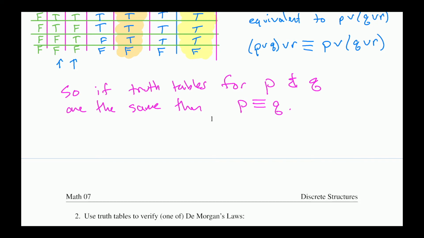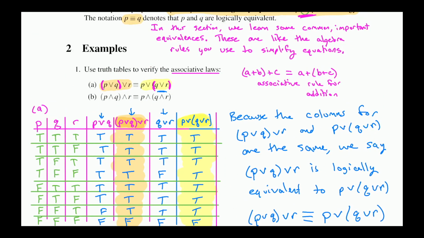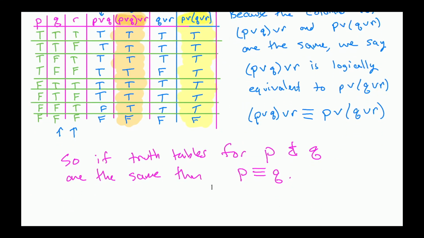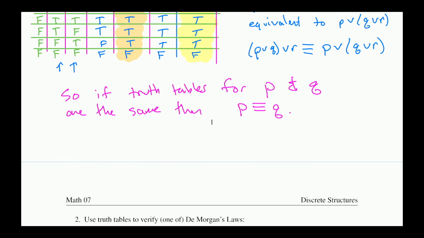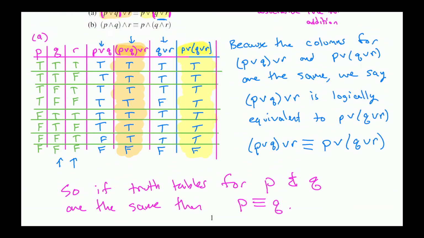Okay? And that's the idea. Now, if you look at part B here, you do it very much the same way, but I'm not going to do that one because it's almost the same exact work again. You just have to make another big truth table. And we're making plenty of truth tables in this lecture, so one is enough for this.